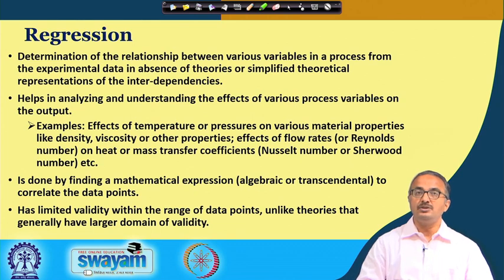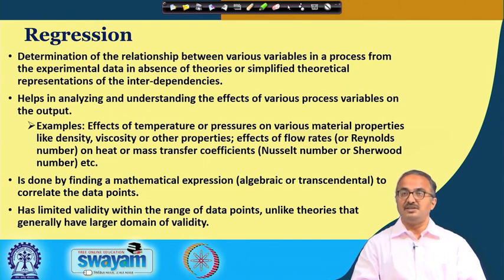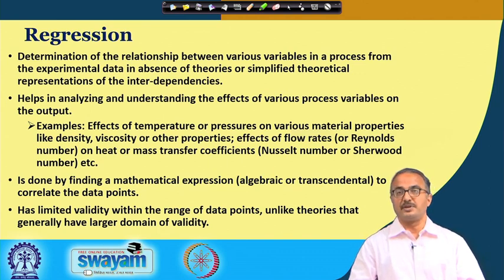Now, when do we need to know these relationships from the experimental data? Many times we may not have a proper theory to correlate the variables, or we find that even if there are some theories, the theoretical expressions become so complicated and complex that we are not able to adopt them in our analysis easily, and sometimes we also do not need the exact theoretical expressions.